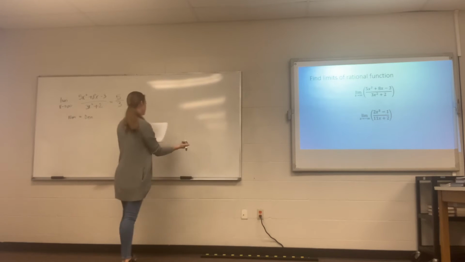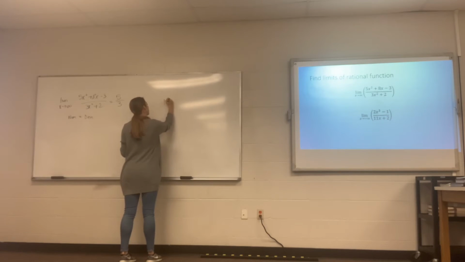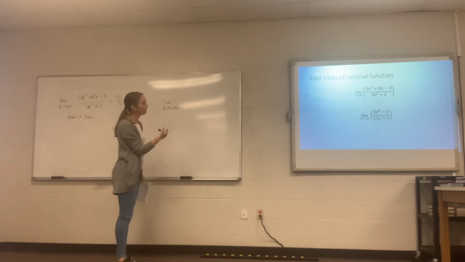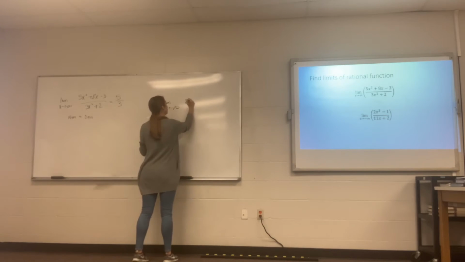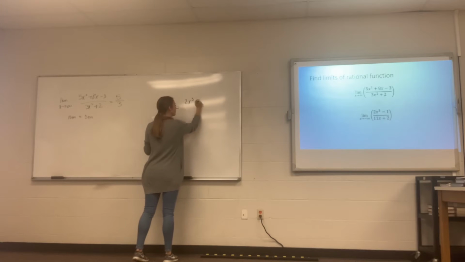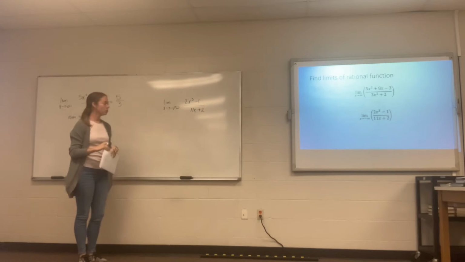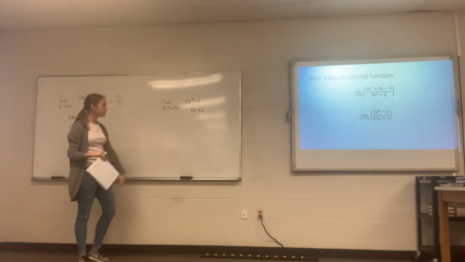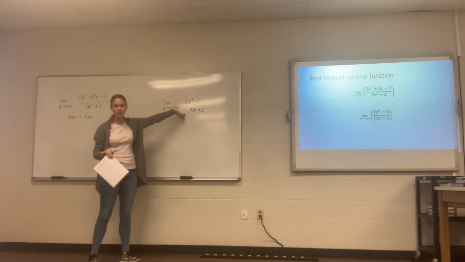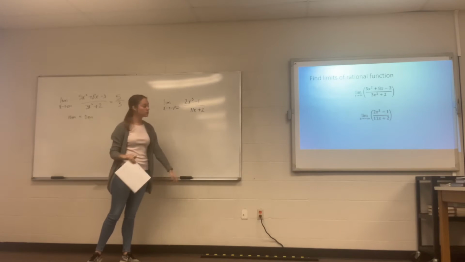So for this equation, I have the limit as x approaches negative infinity of 2x cubed minus 1 over 11x plus 2. So I have a function in my numerator and a function in my denominator, so I can use my rules.